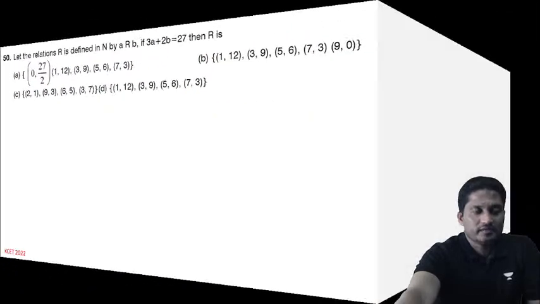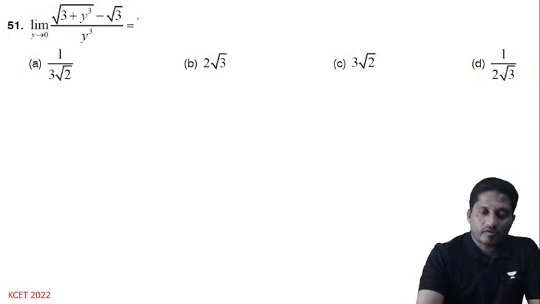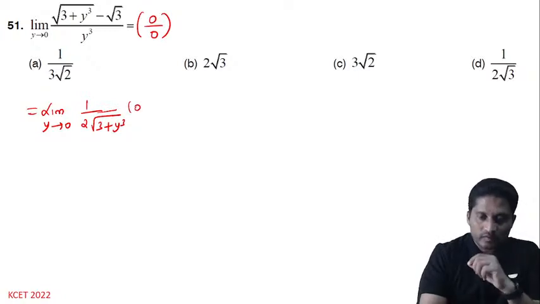Question number 51. This is 0 by 0 form, right? Let us use L'Hopital's rule. Limit y tending to 0. Root x is 1 by 2 root x. 3 plus y cube. And differentiation of 3 is 0.